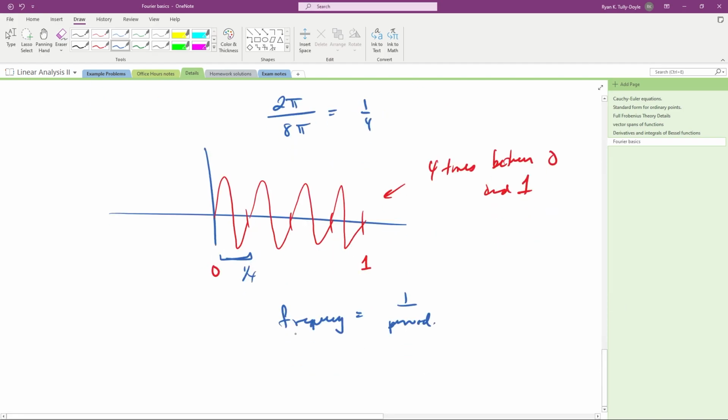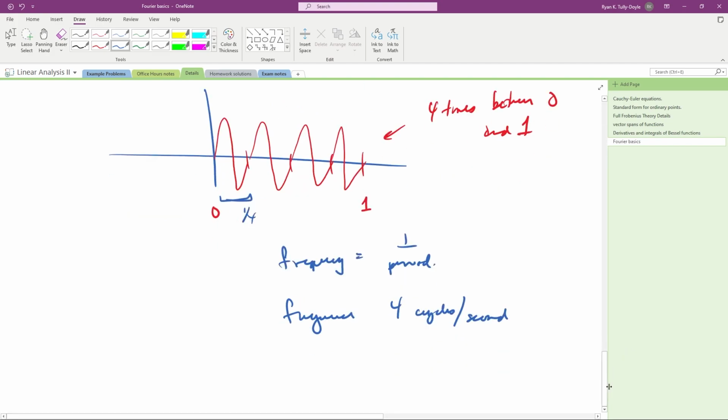So the frequency of this function is 4 cycles per second. Well, cycles aren't a unit, and 1 over seconds is called hertz. So we say 4 hertz. So the sine of 8 pi x is periodic, or has frequency 4 hertz.